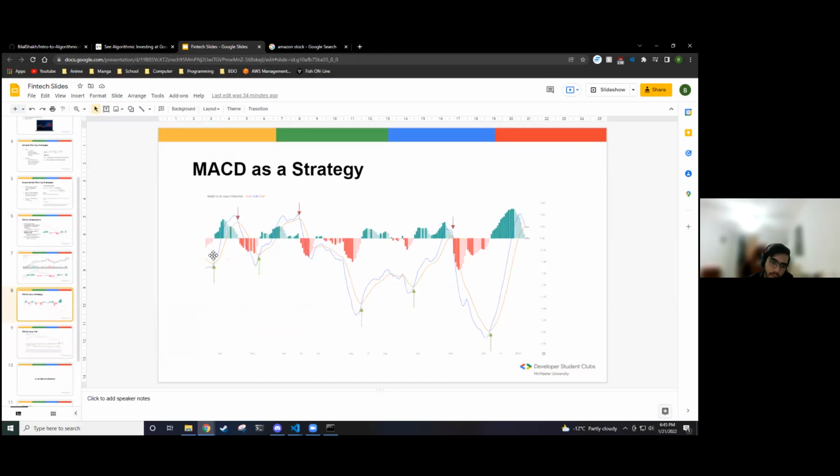So we're going to do the exact same thing. Whenever the MACD is greater than the signal line like this, we're going to be buying. And similarly, we're going to be selling when the MACD is lower than the signal line. And we only care about when it first transitions, because that's the start of the momentum.